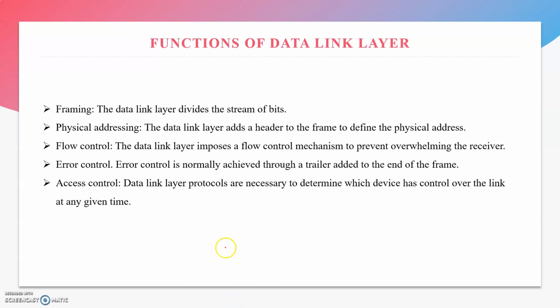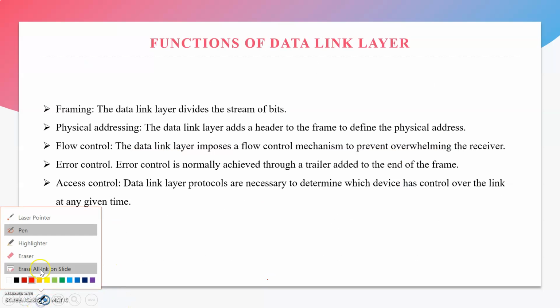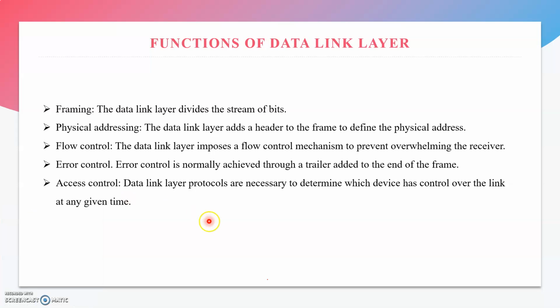Last is access control. Access control means that data link layer protocols are necessary to determine which device has control over the link at any given time. It is just like when two or more devices are connected to the same link.